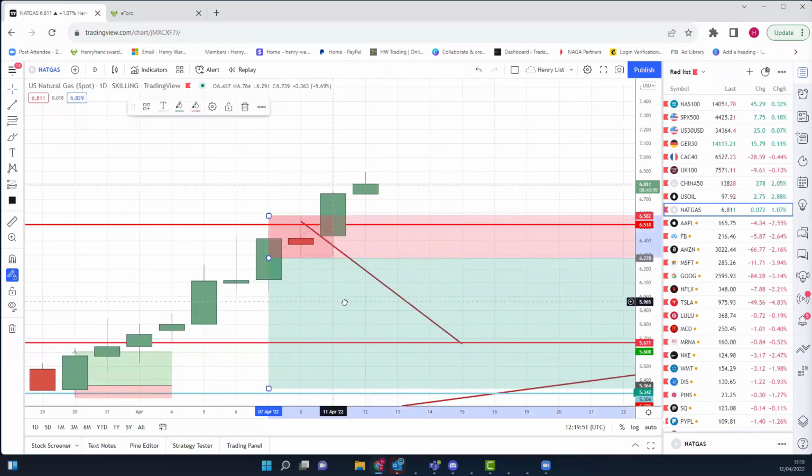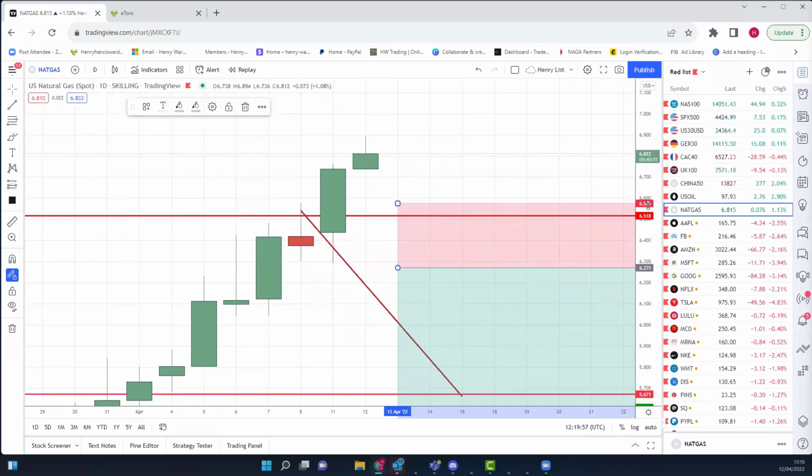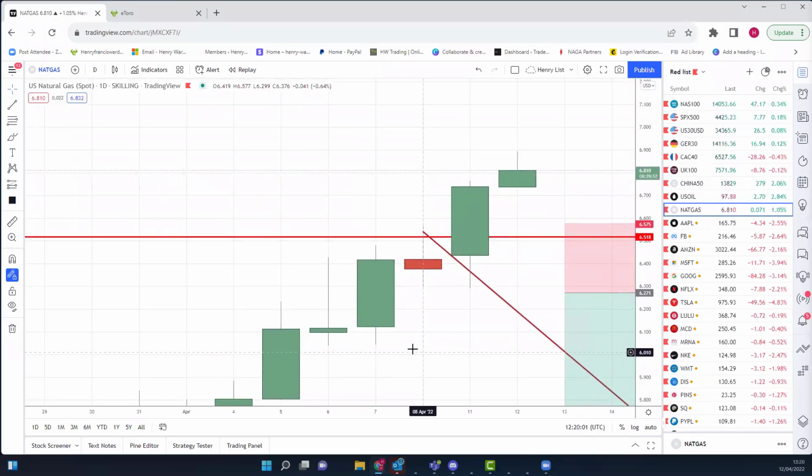Well, I'm going to move this out of the way for a second. I'm going to zoom in as far as I can on this. So this is the bar that we entered on. This one here. Look, there's the bottom of the bar.